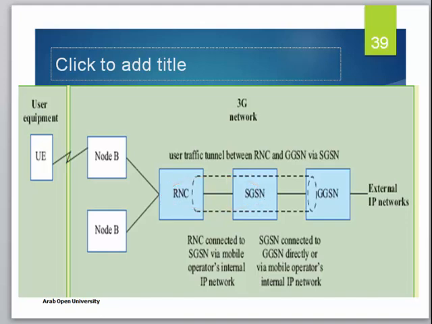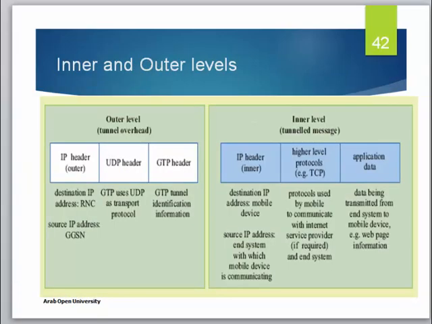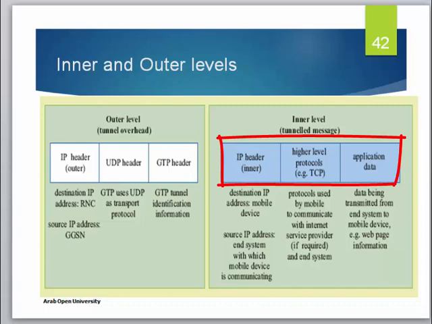All data packets thus have to pass through the SGSN, which has to terminate one tunnel, extract the packet, and put it into another tunnel. This requires both time and processing power. The following diagram explains the inner and the outer levels, where the inner level, also called tunnel overhead, represents the packet to be sent through the tunnel, and the outer level, which is called tunnel message, consists of the headers added by the tunneling protocol.